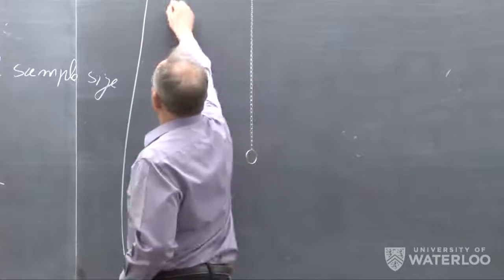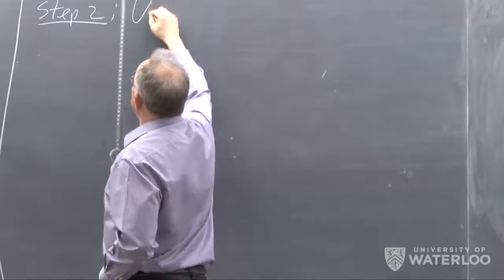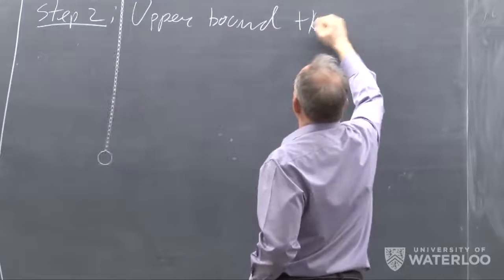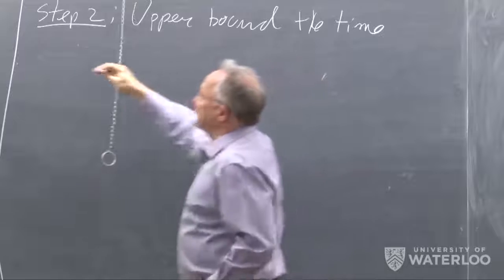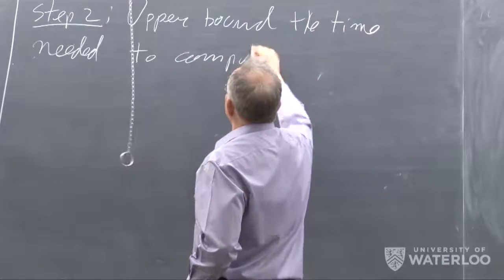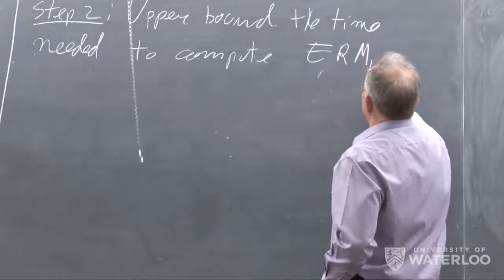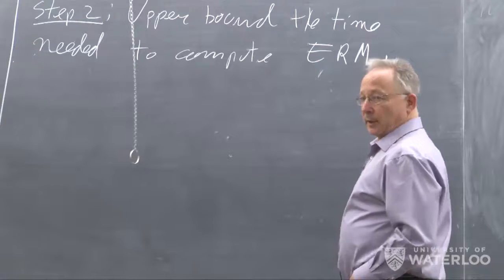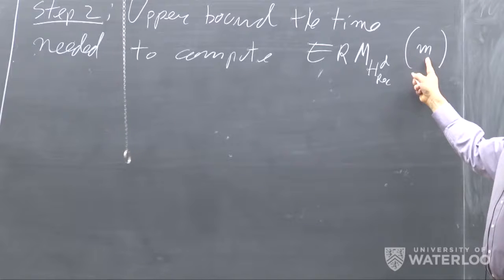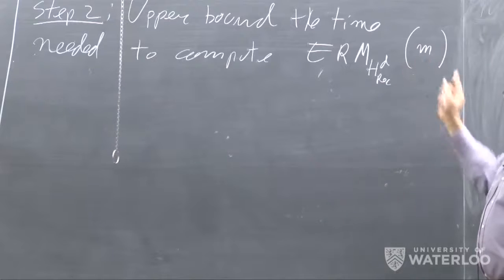So step 2: upper bound the time needed to compute ERM of this class of rectangles in D dimension over a sample of size M. How much time do I need to compute the ERM over such a sample size?